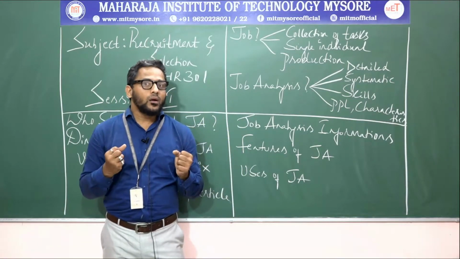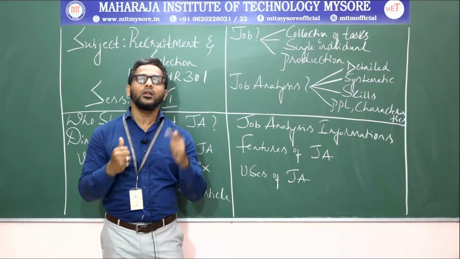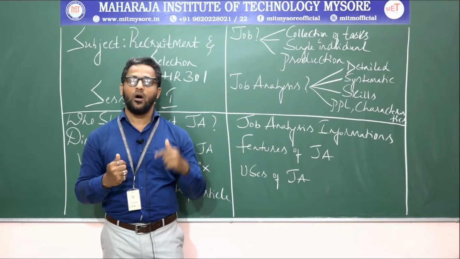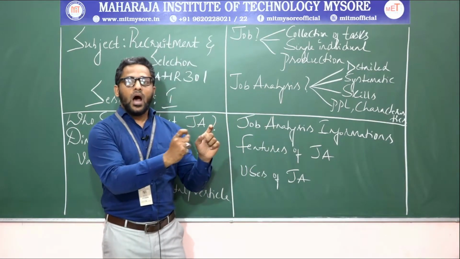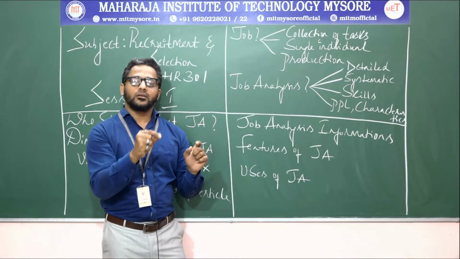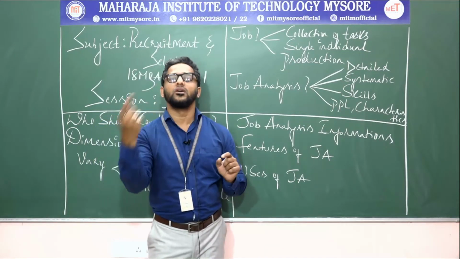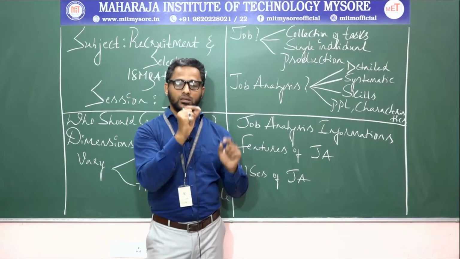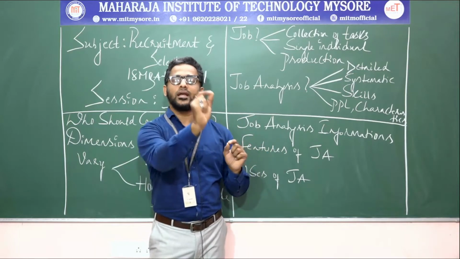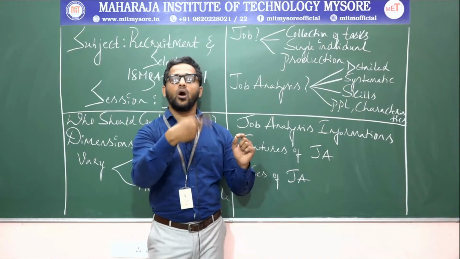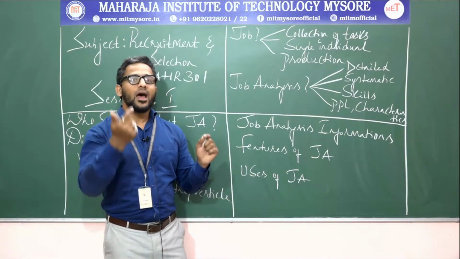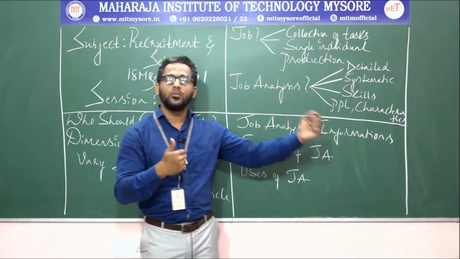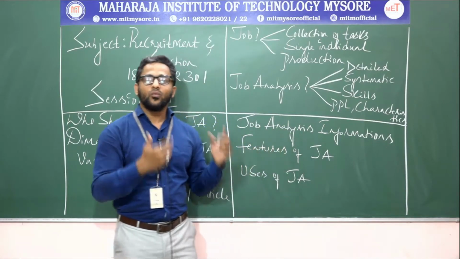Why are you doing that? To know the nature and characteristics of that particular job. If I derive one particular job, I should also derive the nature and the characteristics that this job has to give. If I specify this role, what is the nature, what are the characteristics this job is giving me, that I have to specify to the people. If I allot some job to an employee, they should understand what this role is.